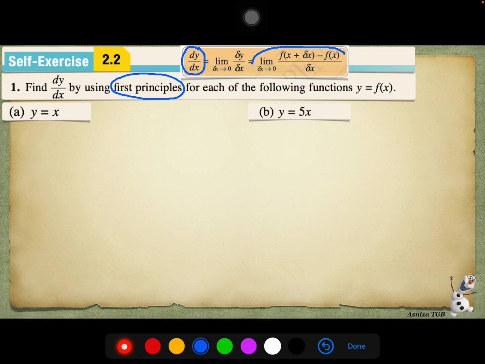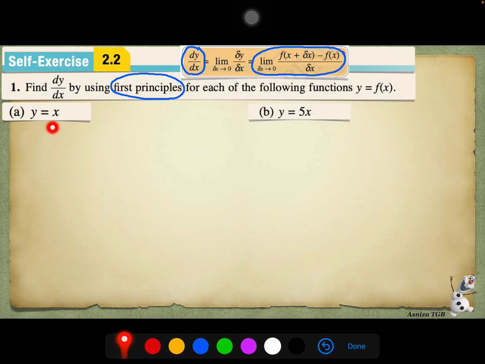So now I'm going to use the second relation, where we use the limit as delta x approaches 0. We straightaway combine the first 3 steps together. So we find f(x plus delta x), then minus f(x), and then we divide by delta x.